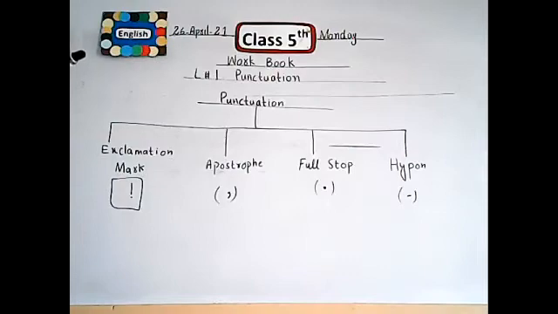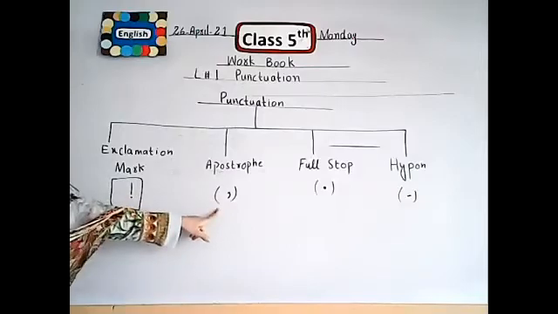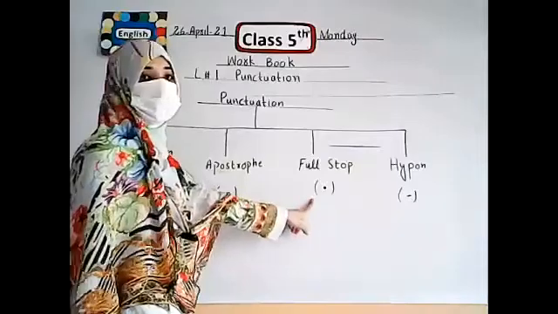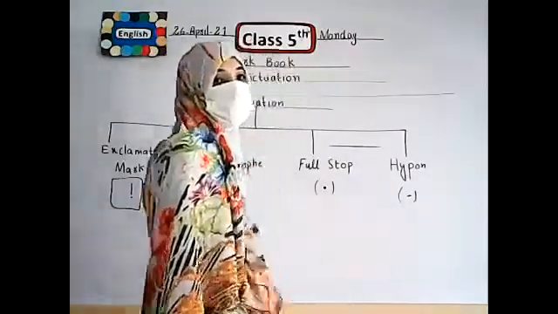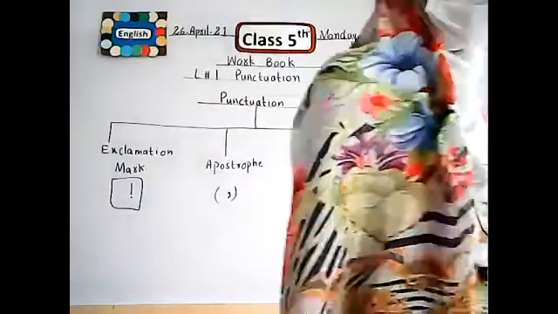We use different types of punctuations to describe and clarify the meanings of a sentence. First type is exclamation mark. The sign of exclamation mark is this. Second type is apostrophe. This is the sign of apostrophe. The third type is full stop. This is the sign of full stop. The fourth type is hyphen. This is the sign of hyphen. All these are types of punctuations that we use to describe and clarify the meanings of a sentence.